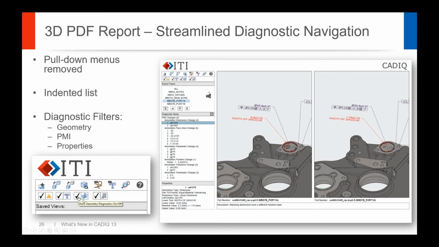So now there are little buttons above the save view area where you can filter the diagnostic items by turning those checkboxes on and off. If you want to just see PMI related diagnostics, you can turn off geometry and properties, and it shortens the list, making it a little bit easier to navigate the PDF report that way.